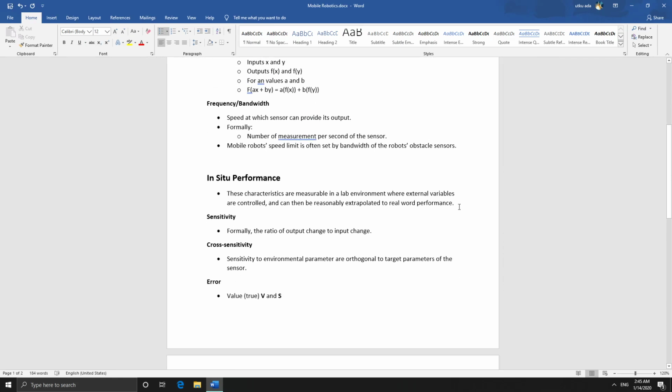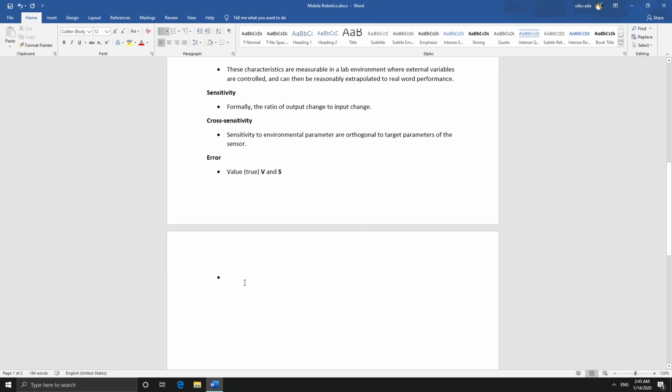I don't want it to be on two separate side-by-side pages. So the error is equal to V minus S. So it's just the difference between the actual value and the sensor's measured value.